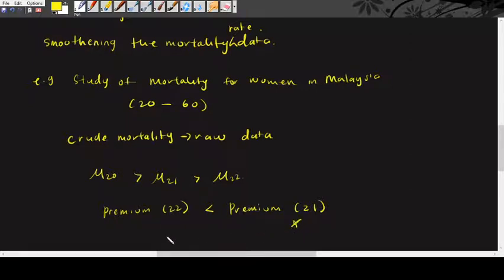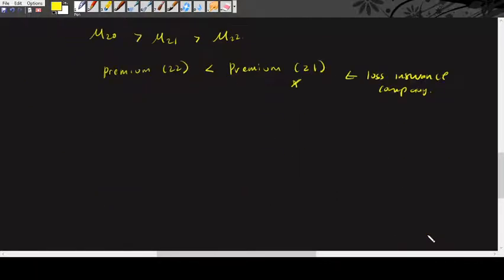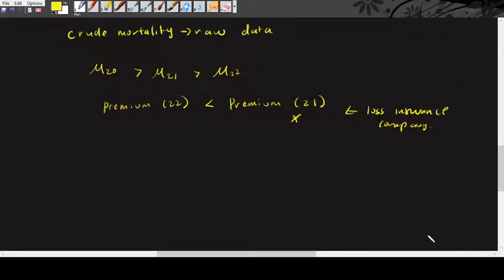I will wait for one more year and only buy the insurance when I am 22. This is a loss to the insurance company. Therefore, to avoid this kind of situation, the insurance company has to undergo graduation for the pricing.